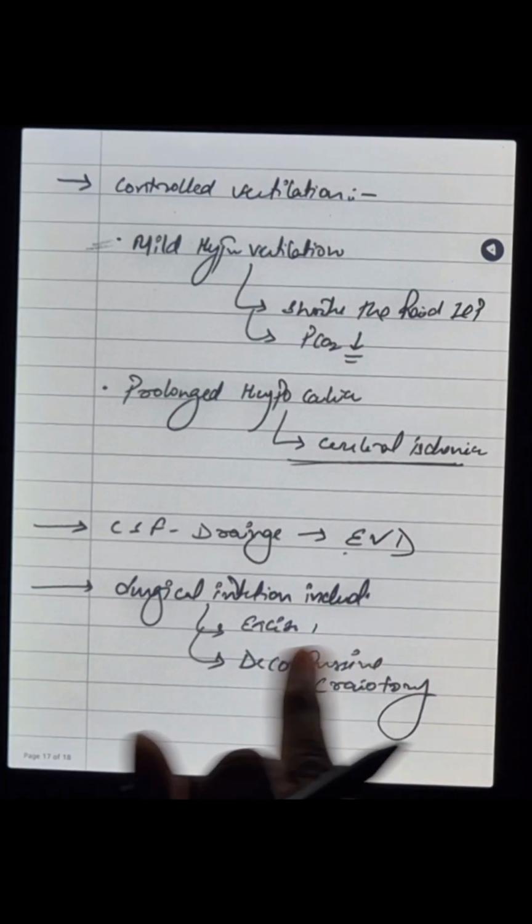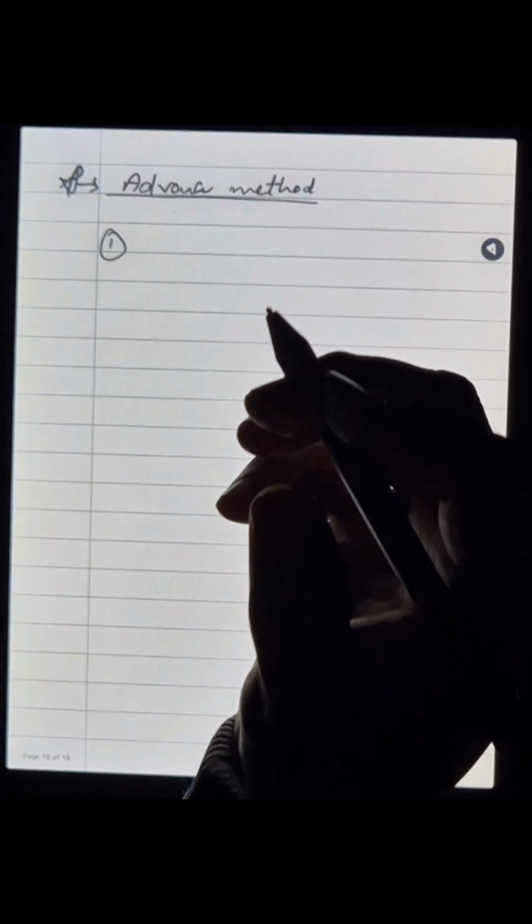Okay, now comes the last part, that is advanced methods of lowering ICP. First one is we put the patient in barbiturate coma.